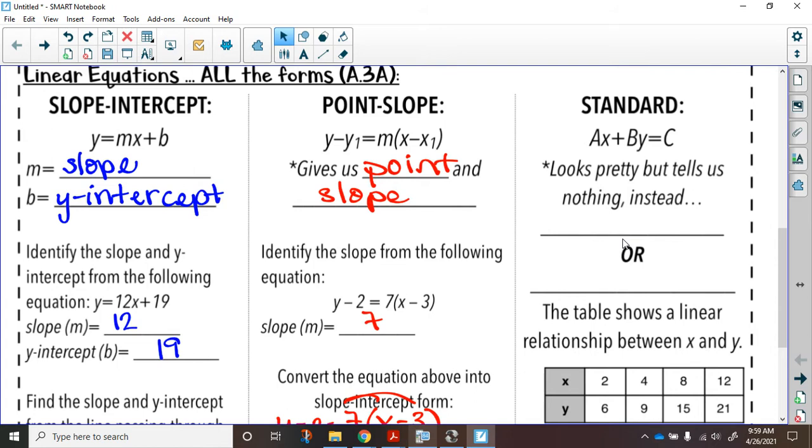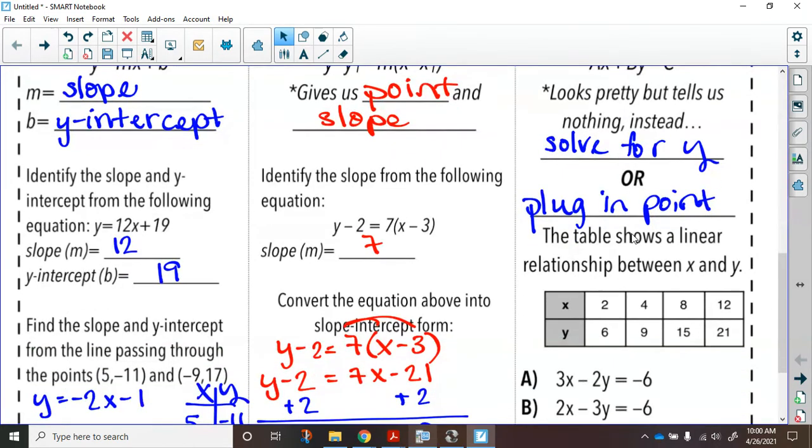Instead, what we need to do, essentially, is we can solve for y, or I can plug in a point. And that's what I'm going to be doing for this problem below.